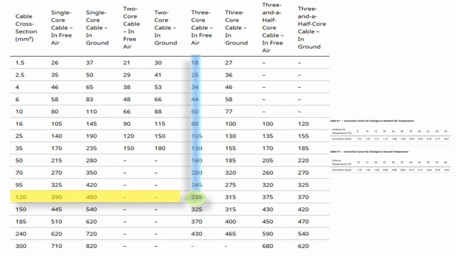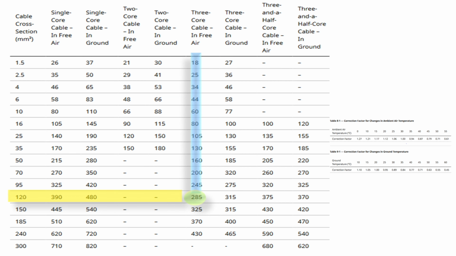Now let me tell you an important point. These current ratings and cable cross-sections, for example, 285 amperes for a 120 square millimeter cable, are based on an ambient temperature of about 30 to 35 degrees.